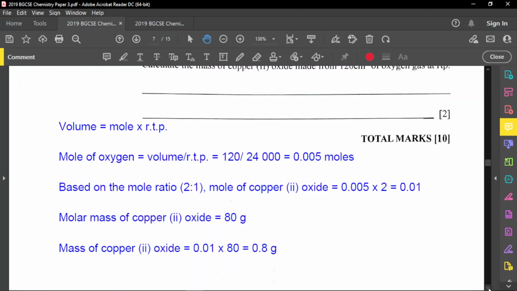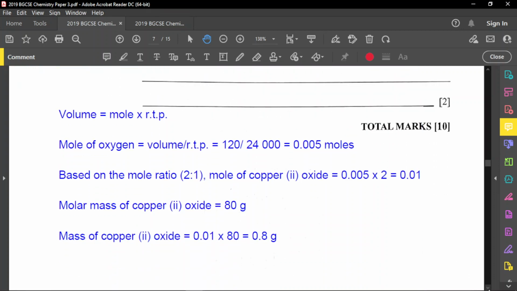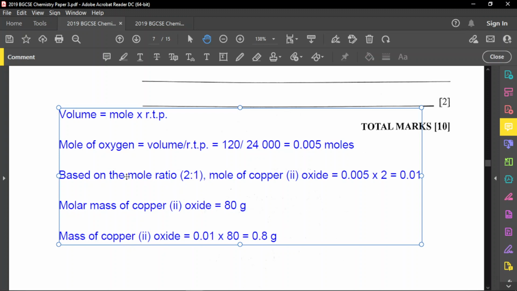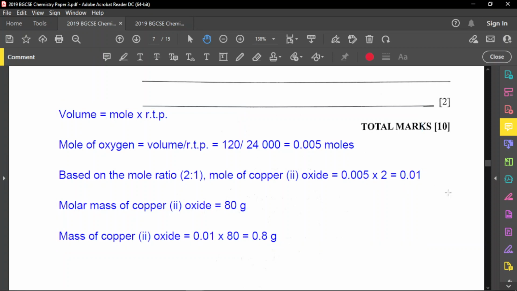All right. Once you have the moles of oxygen, what we're going to do is look at the mole ratio, and the mole ratio is 2:1 for copper oxide. So we're going to find the moles of copper 2 oxide by multiplying 0.005 by 2, and you get 0.01.